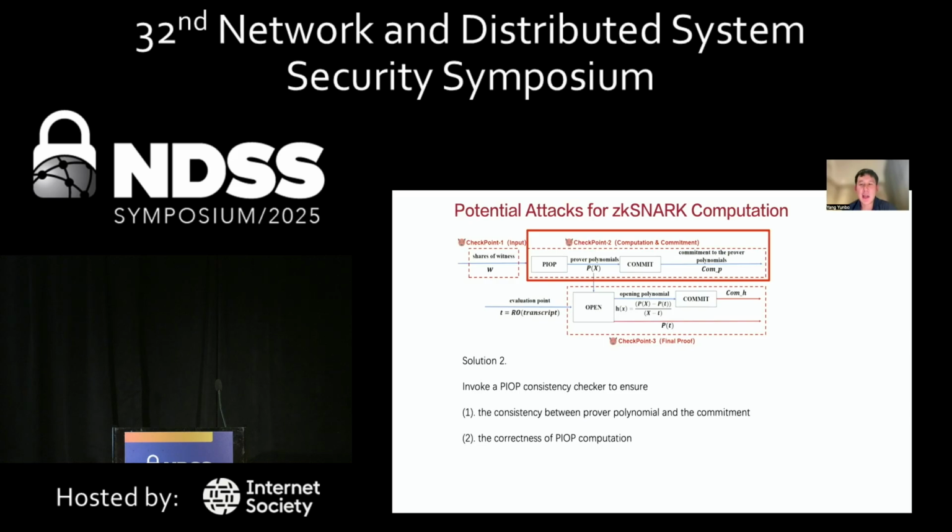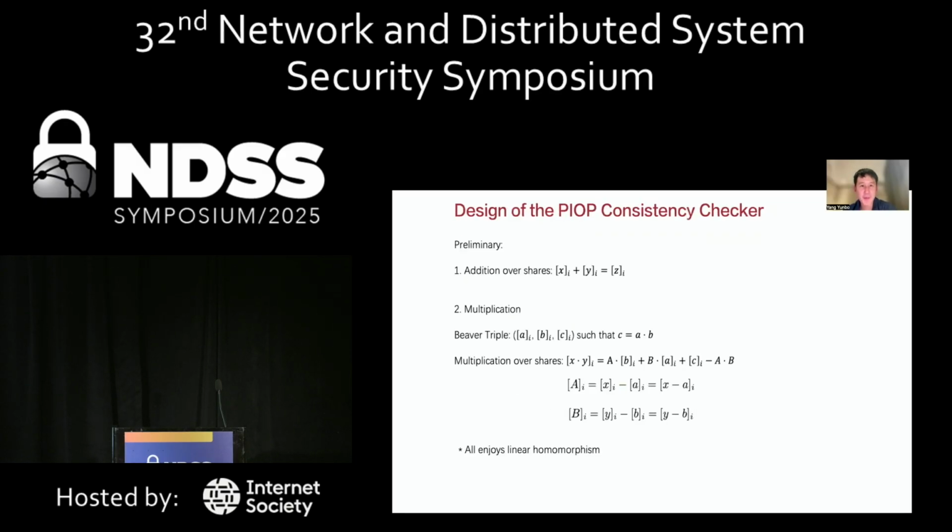To prevent such an attack, we need to invoke a PIOP consistency checker to ensure the correctness between the prover polynomials and the commitments, and the correctness of the PIOP computation.